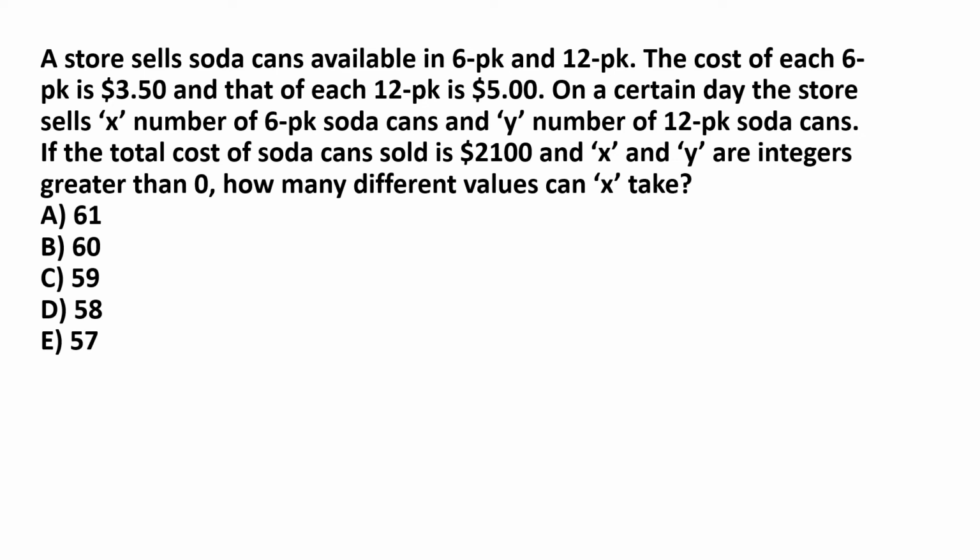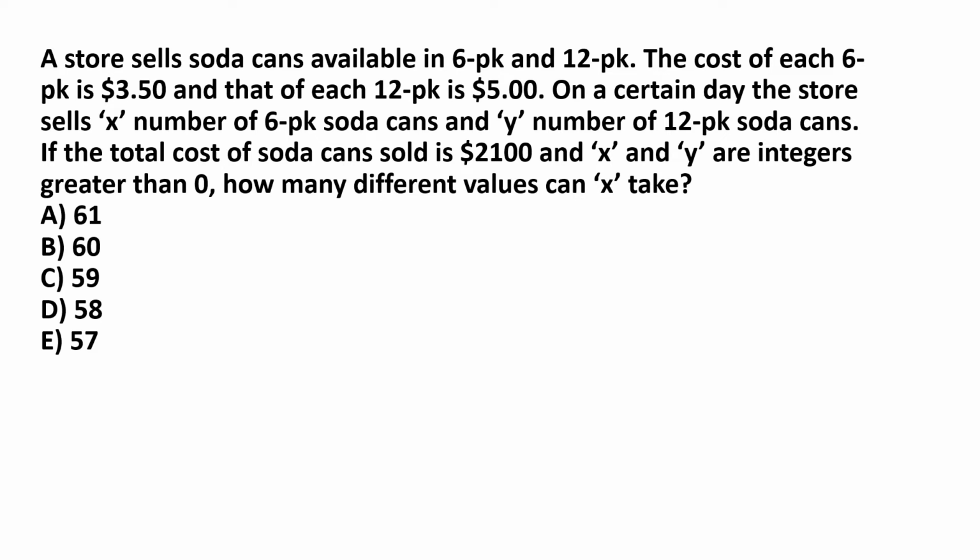We start this problem by setting up a simple equation based on the information given. The first question we ask is, what is the cost of X number of 6-pack soda cans? Well, we know that one 6-pack costs $3.50.